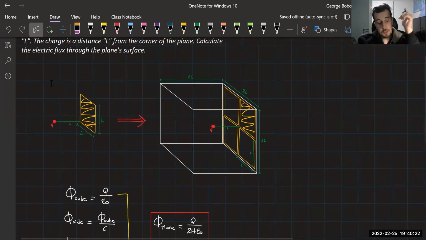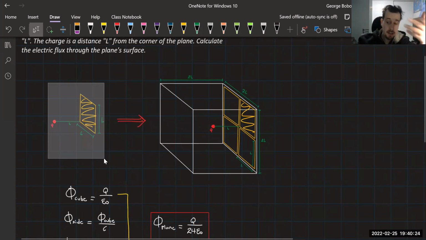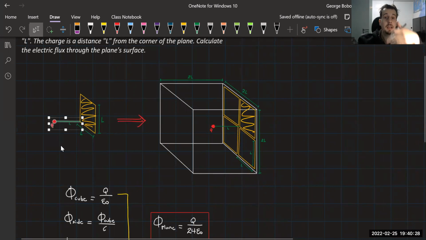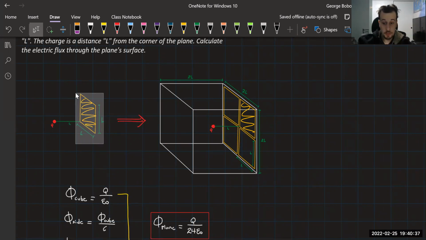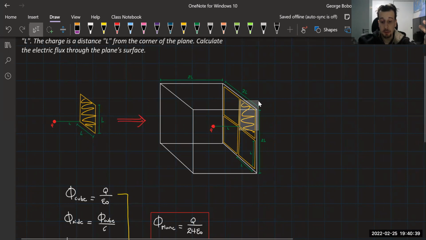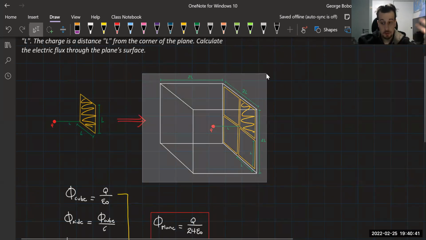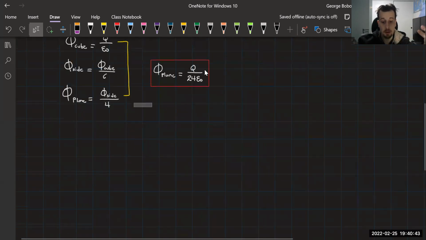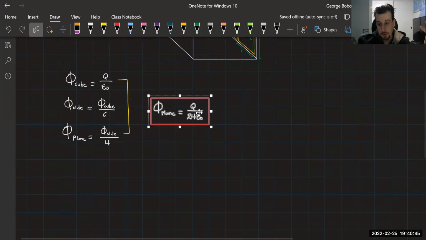So if you ever see this problem, think again: what closed surface can you place the Q in symmetrically, in a way where this is a building block of the surface that you closed the Q in? This is a building block of the box that we closed the Q in, and that's how I arrived at Q over 24 epsilon naught.